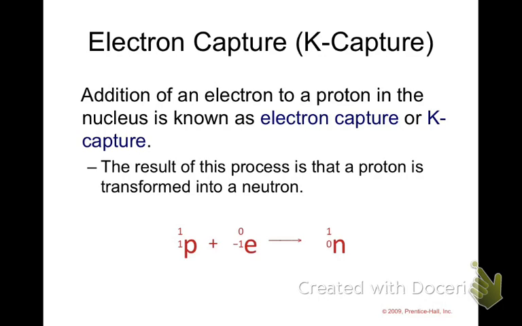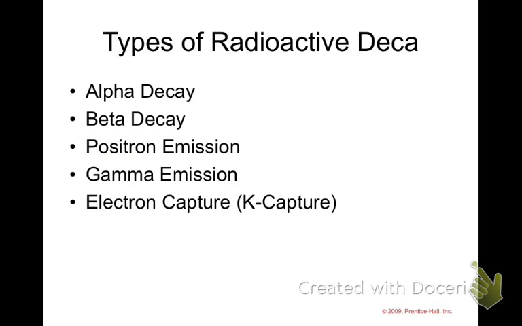The nucleus of an isotope grabs an electron from an inner energy level, and that electron combines with a proton to form a neutron. Okay, so in summary, the types of radioactive decay are alpha decay, beta decay, positron emission, gamma emission, and electron capture.